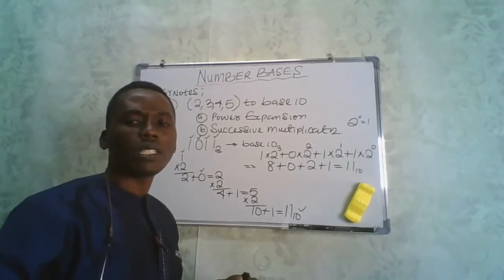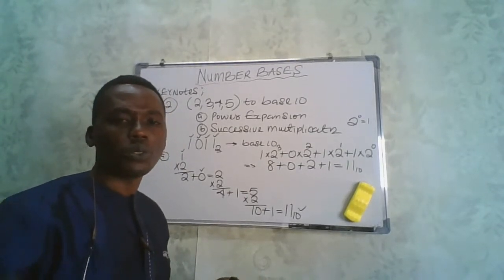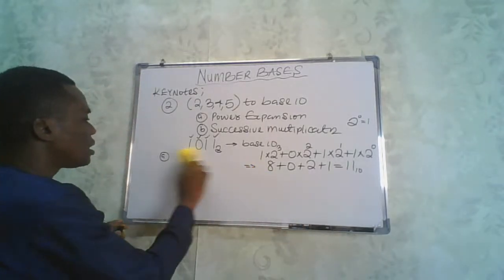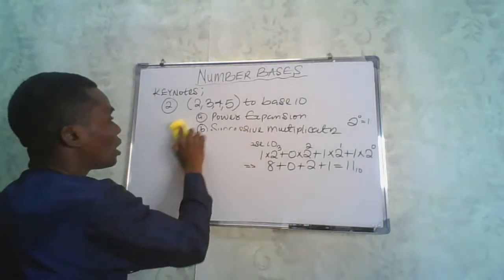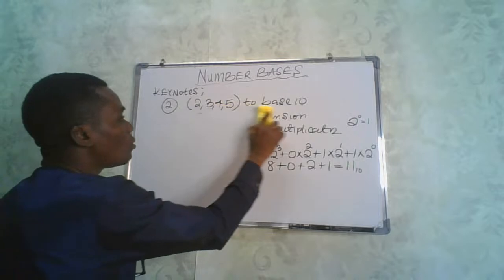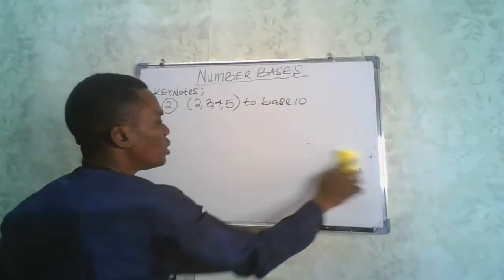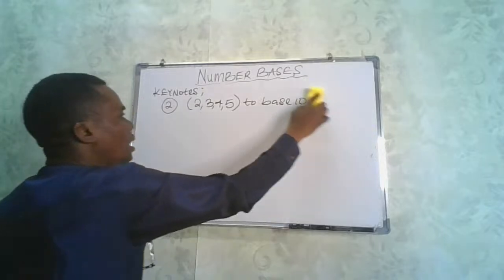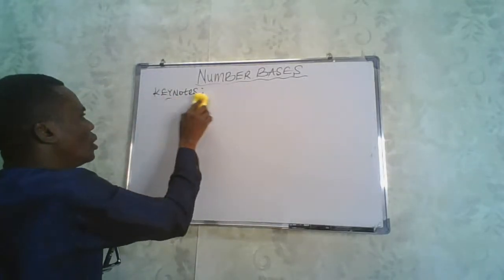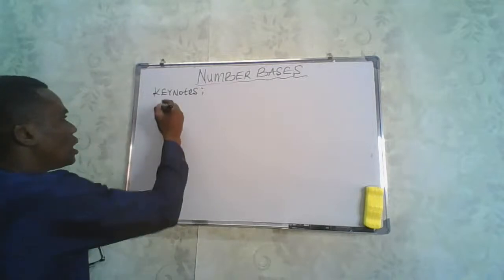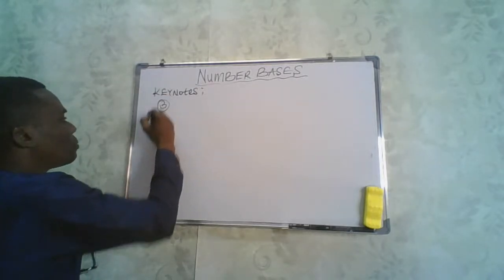Now let's look at the third note. This is keynote 2. In keynote 2, when converting from one base to another, all you need to do is to use the power expansion method, or use the successive multiplication method. Now let's consider keynote 3.